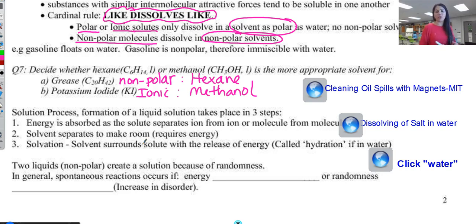When this happens, we say that the energy will decrease, or that randomness will increase. The randomness, or the amount of disorder, must be increasing.